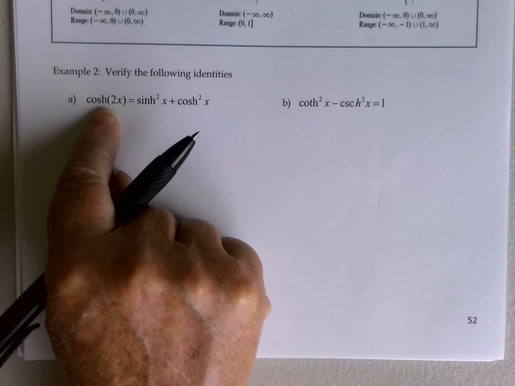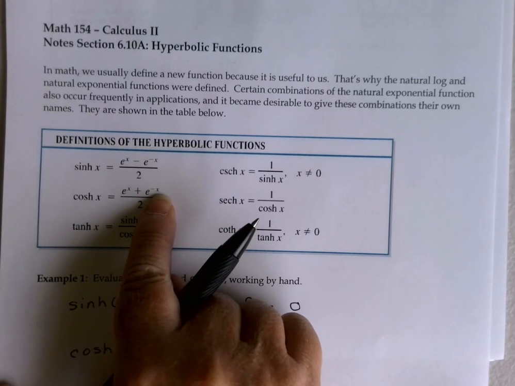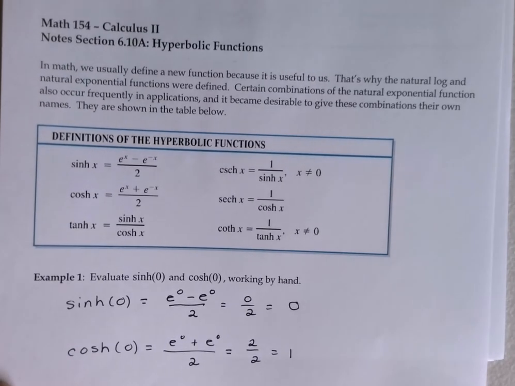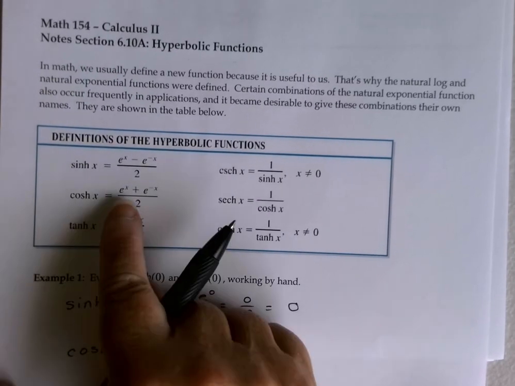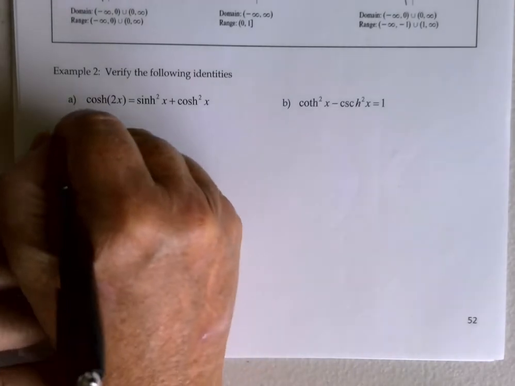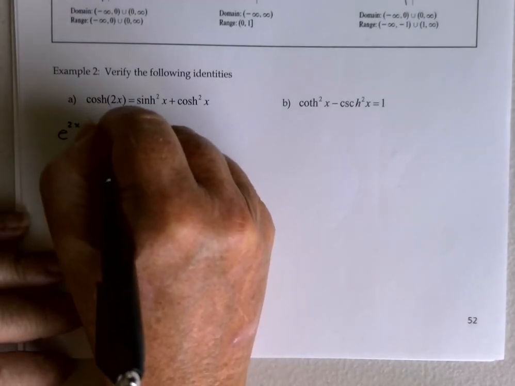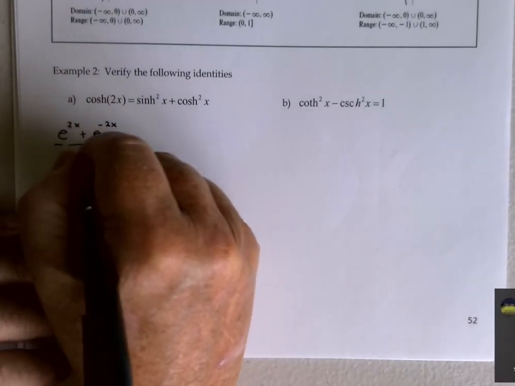Hyperbolic cosine of 2x. Right? Well, let's see. That would just mean plugging in 2x instead of x in my definition of hyperbolic cosine. So I'd have e to the 2x plus e to the negative 2x over 2.